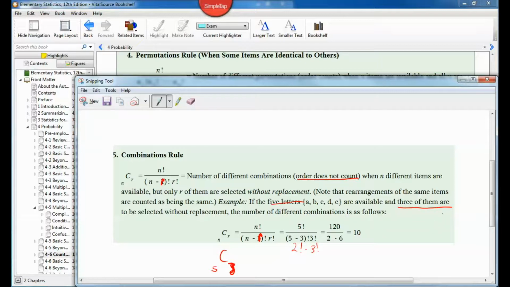So 5 factorial is 120, 2 factorial is 2, 3 factorial is 6, 120 divided by 12 is 10. So that means that you could get 10 different groups if you chose 3 of those letters without replacement.